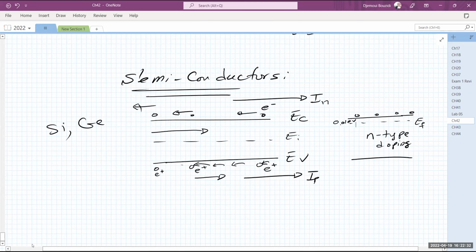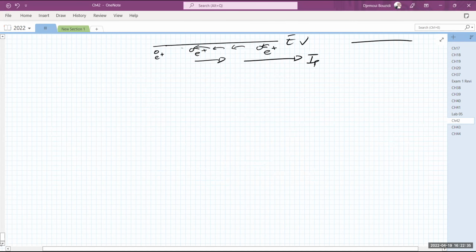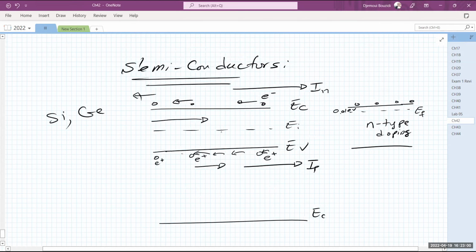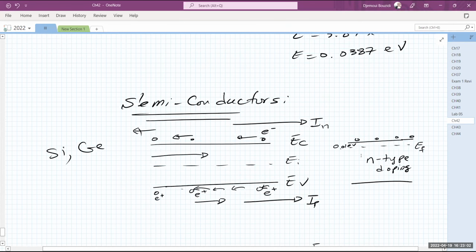In the case of a P-type doping, you basically take an element from the 3rd group in the periodic table and put it in the semiconductor, and the Fermi energy level drops closer to the valence band. So in this case, the gap will still be about 0.01 electron volt, and this gap is very small compared to this one.